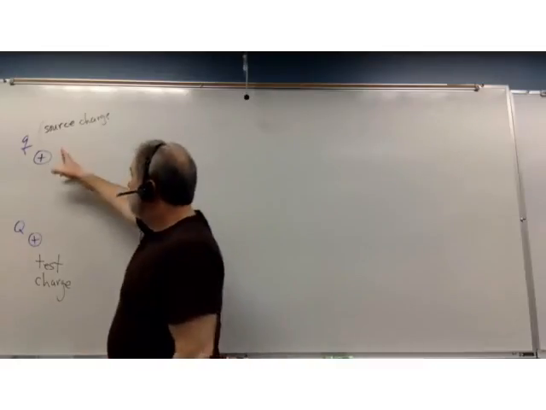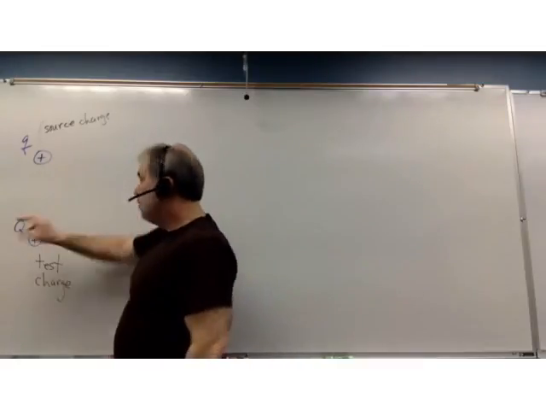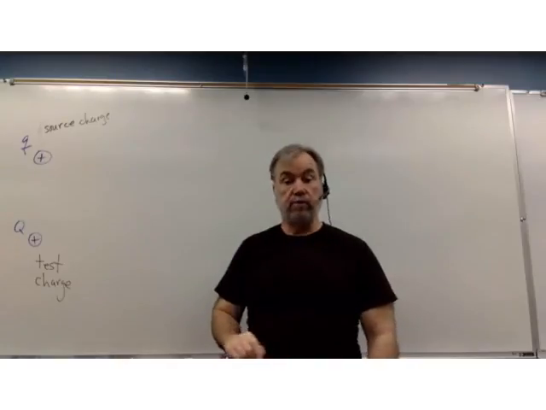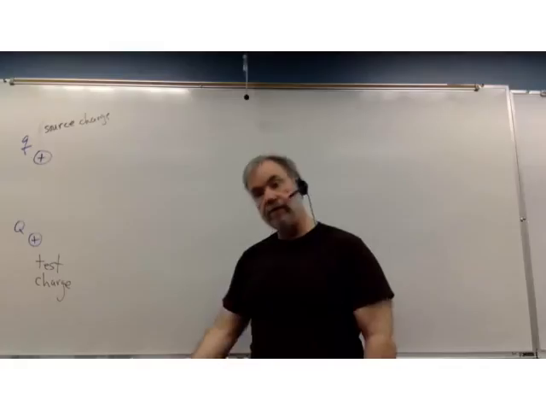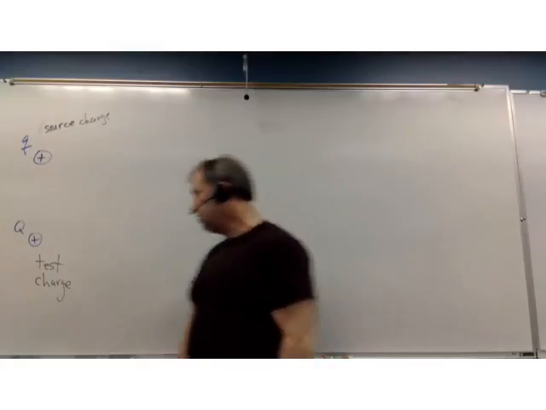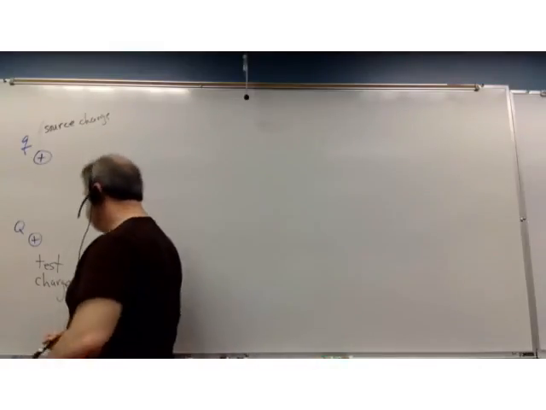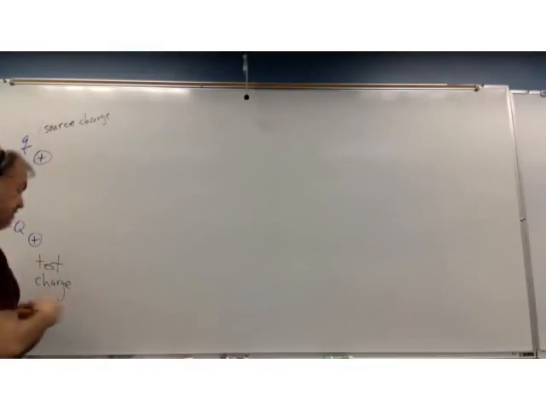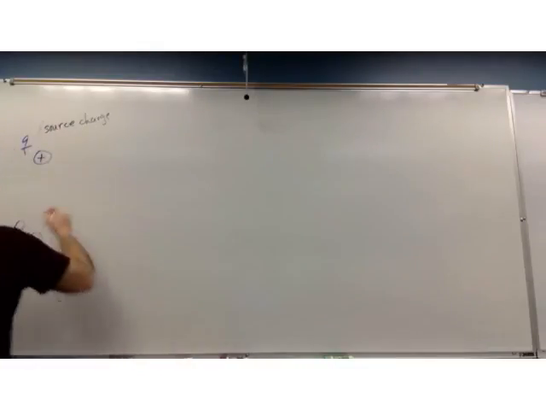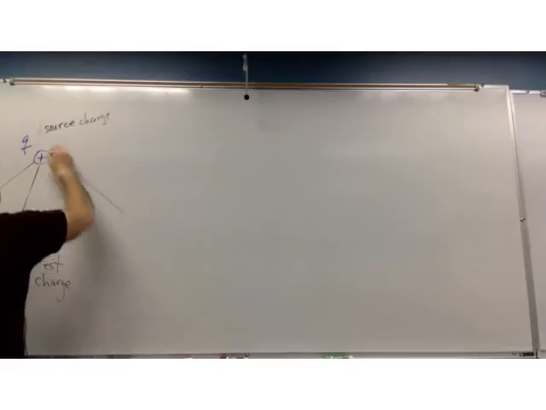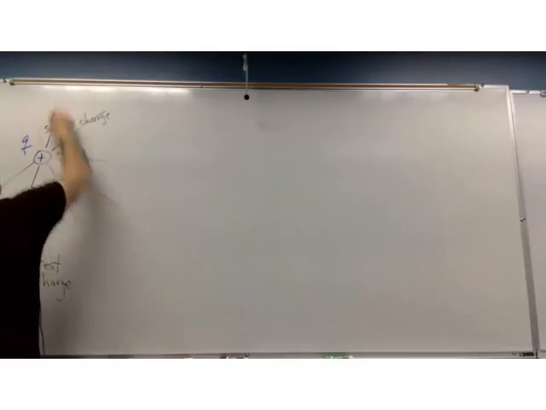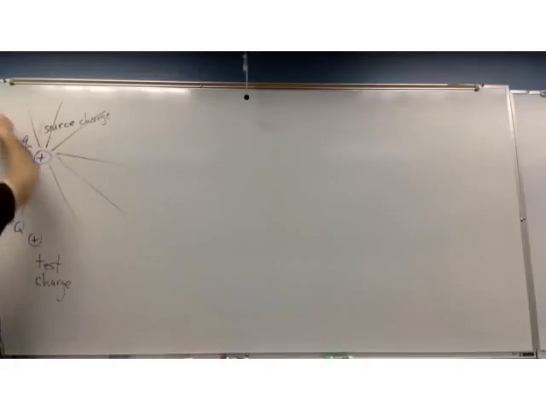But how does the influence get from the source charge to the test charge? The answer is we imagine something akin to the water affecting the boat model, that we imagine there is some sort of influence that exists everywhere in space, and I will justify the direction of these lines in a little while.